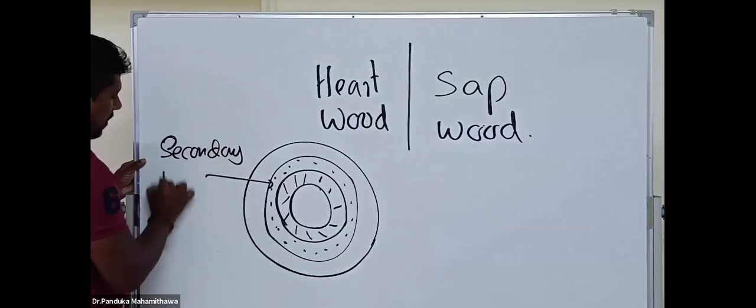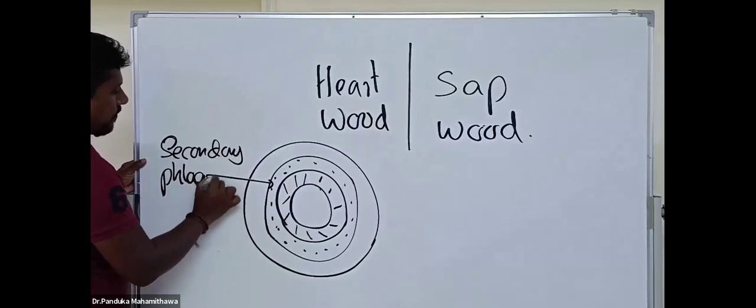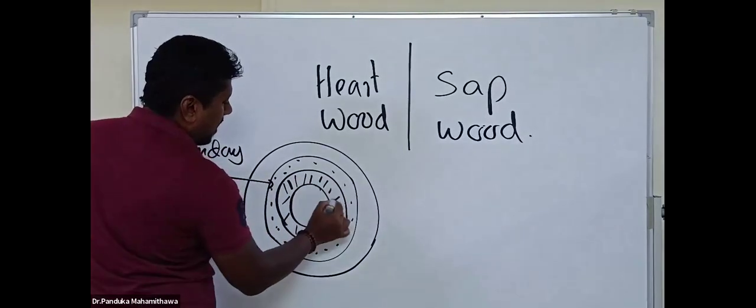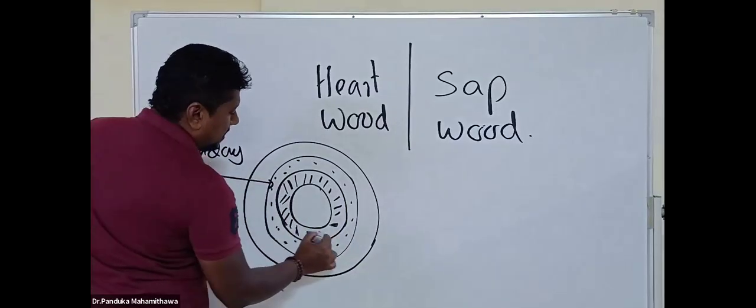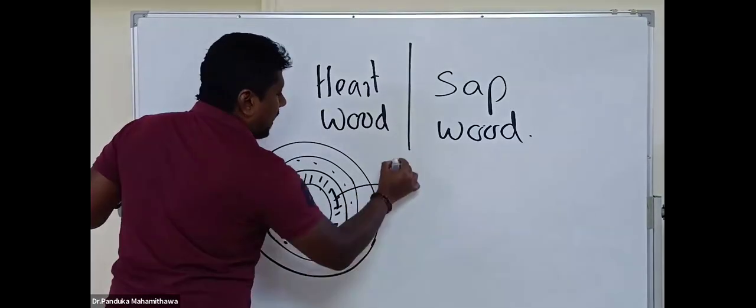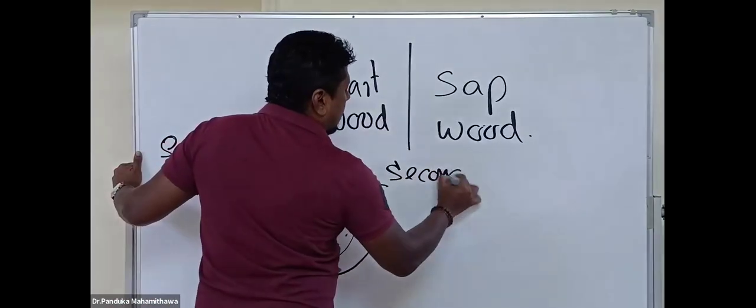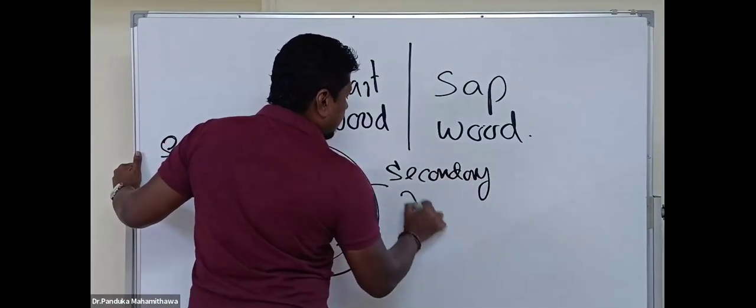This is the secondary phloem, and this part, which I mark with these strips, is the secondary xylem.